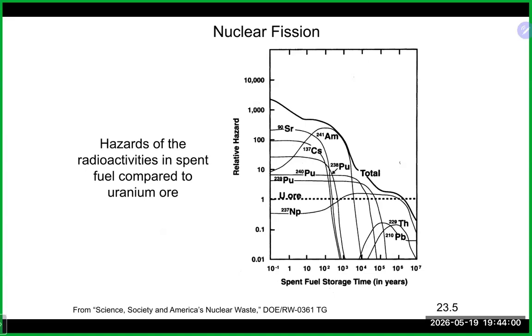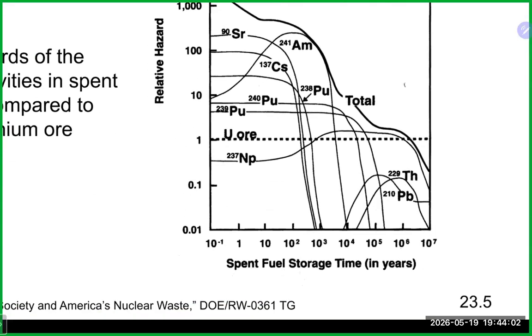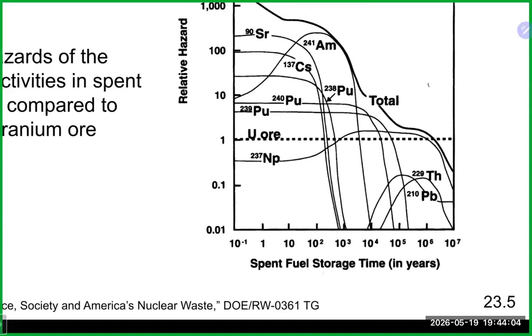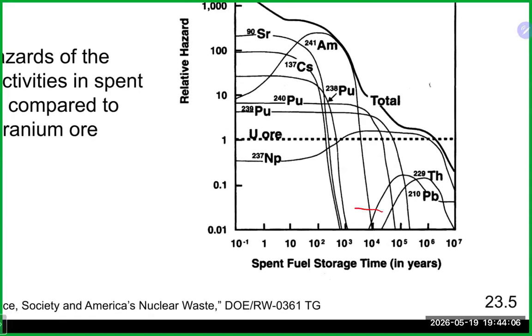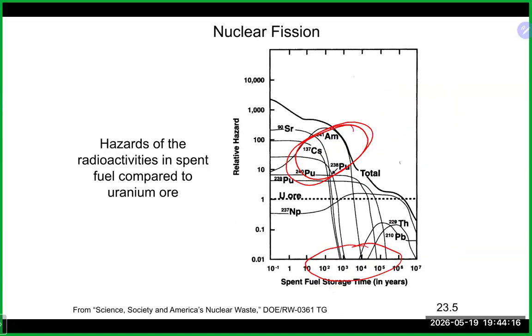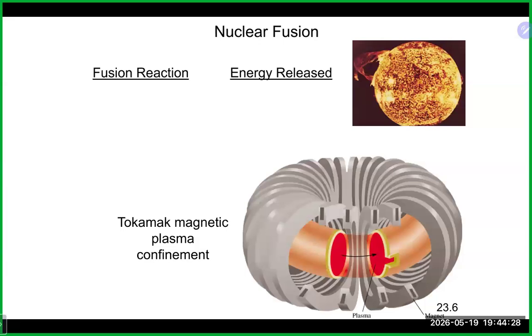The problem with a lot of that stuff is, as you can see on this little chart here, it takes a lot of years to store these things, and they're still very hazardous and radioactive for a very, very, very long time. So that's a very big problem: who's in charge of it, who keeps it under control, where do you put it? And so again, a downside to both of those types of things.